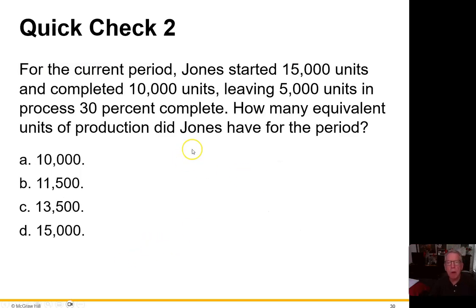For the current period, Jones starts 15,000 units and completes 10,000 units, leaving 5,000 units in process, 30% complete. How many equivalent units of production did Jones have for the period? I'll give you a chance to think that one through a little bit.